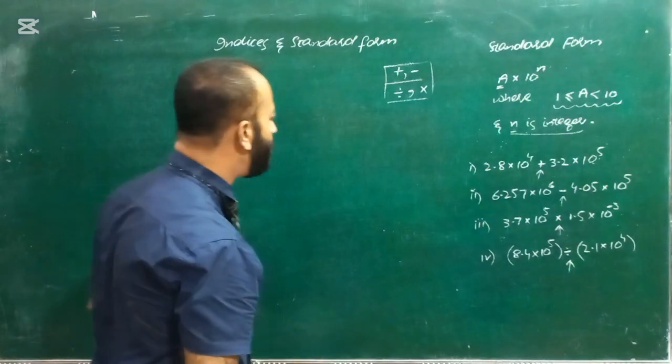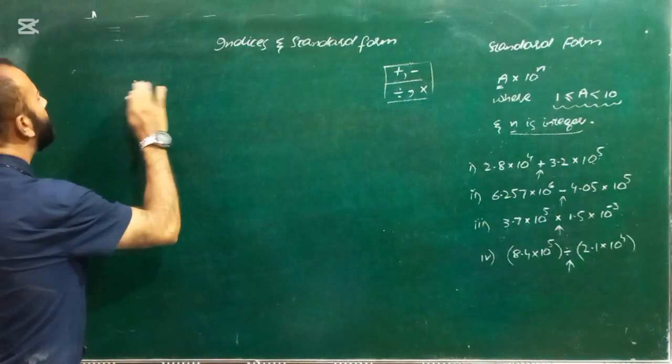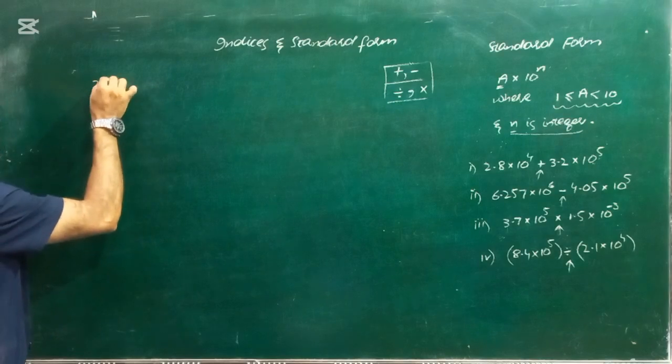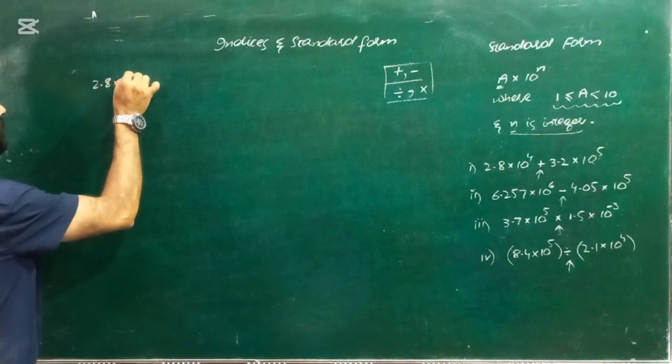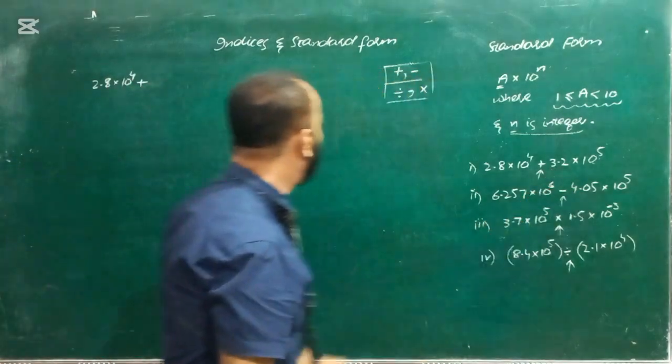So we are solving the first question now. 2.8 into 10 raised to power 4 plus 3.2 into 10 raised to power 5.